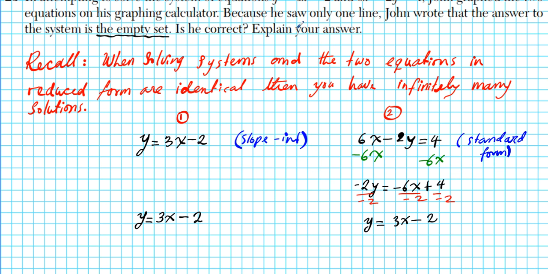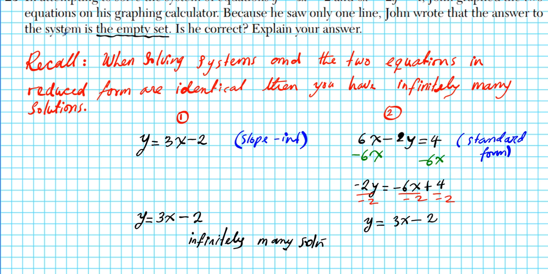Okay, so let's go back to the question. Let's write down the answer first. We have infinitely many solutions, since the lines are identical. Now let's go back to John's remark. John saw only one line.